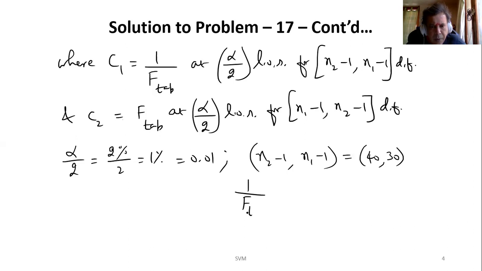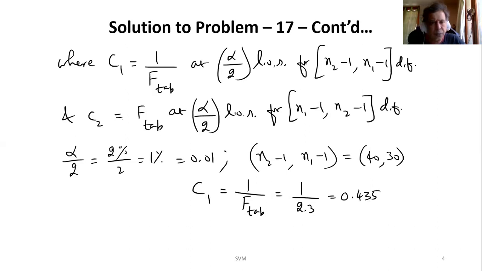So 1 by the F table value is 1 by 2.3. That is our C1, which is 0.435.